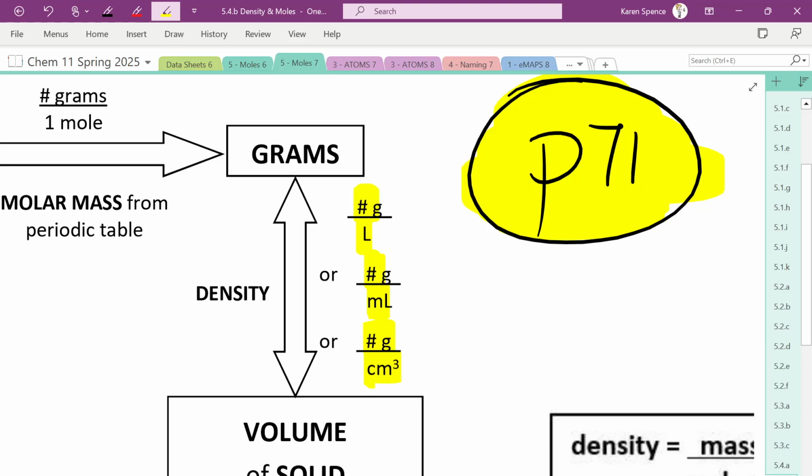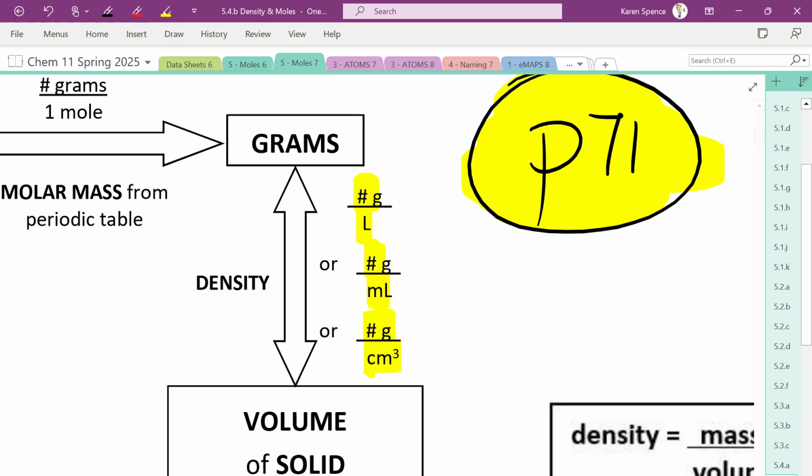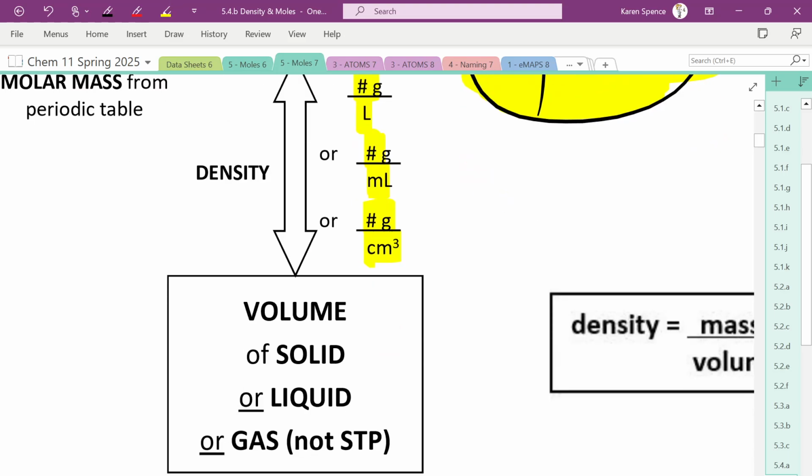So what we're doing is we're adding in grams. So you can be given a volume of a solid or a liquid or a gas. You'll notice this is not a solution.